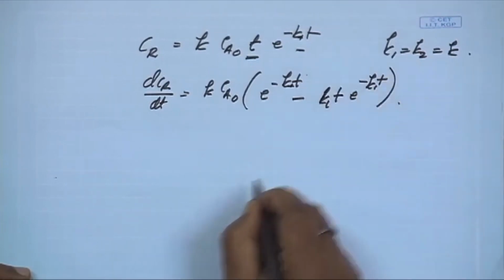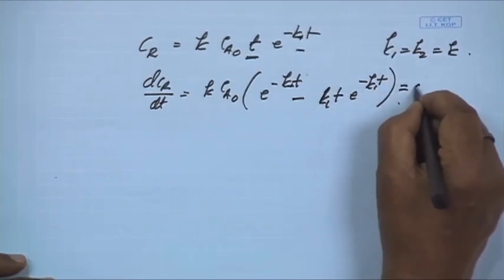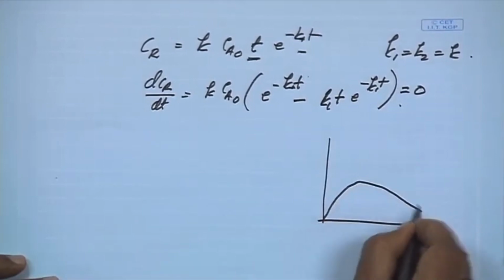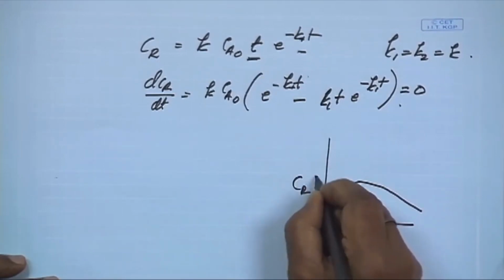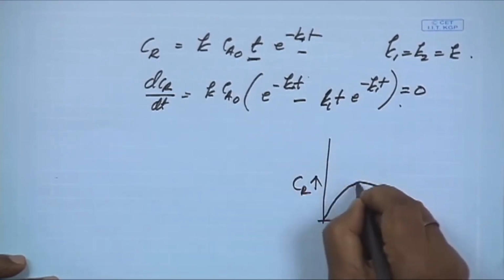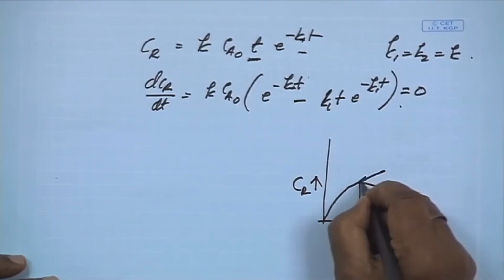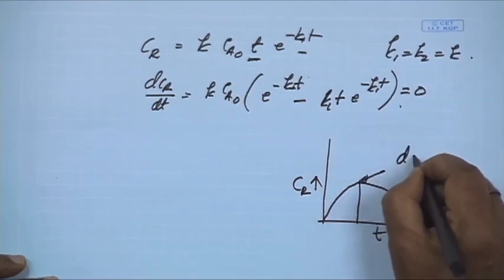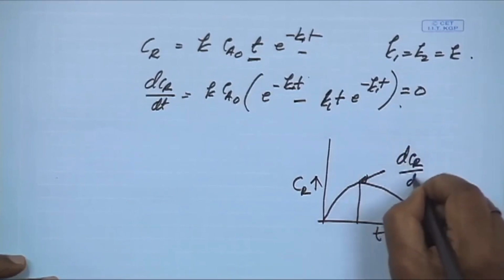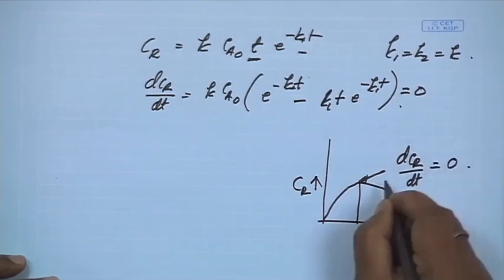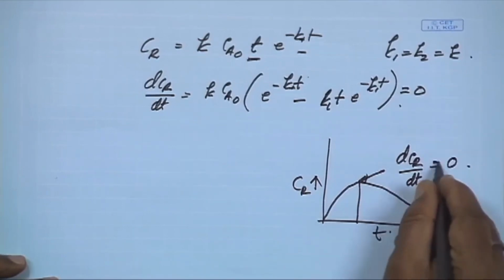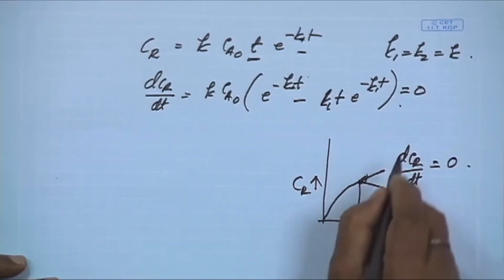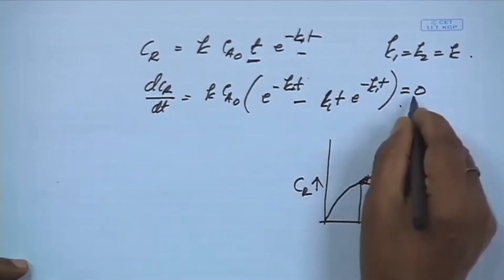This is equal to 0, because if you look here, dCr by dt at t max is the rate of formation of Cr, which should be equal to 0 under steady state. So this is the condition: at t max it will be 0.